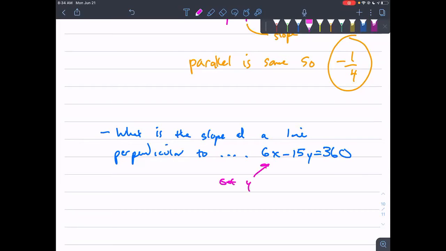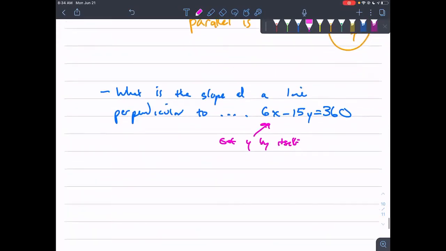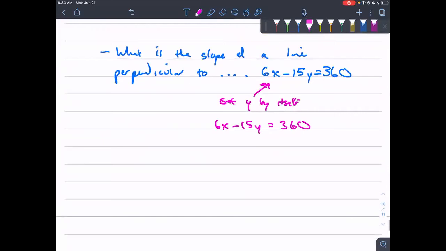So we're going to get y by itself. Getting y by itself, we're going to have to get rid of the 6x. We're going to have to get rid of the negative 15.